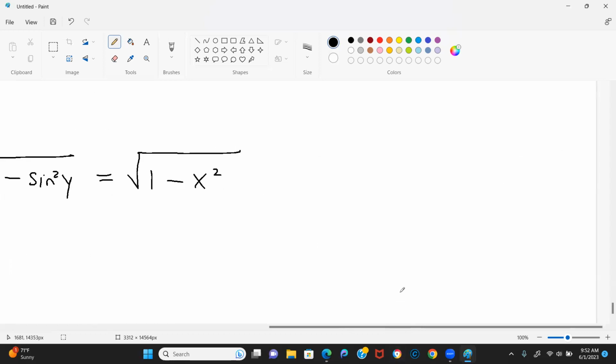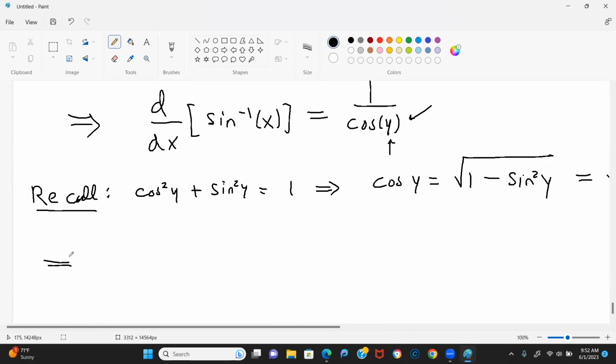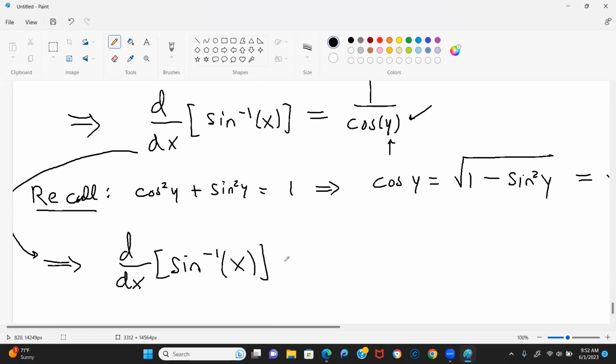What that implies is that the derivative of sine inverse of x is equal to 1 over the square root of 1 minus x squared. So maybe put a little box here.